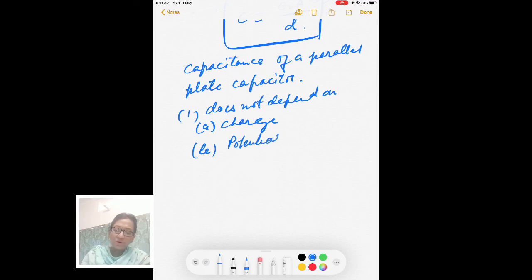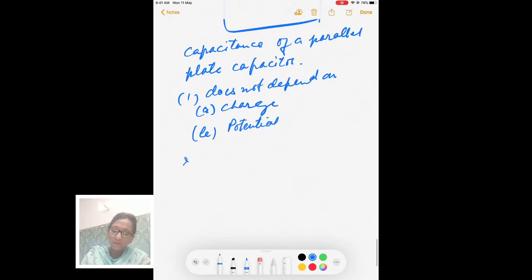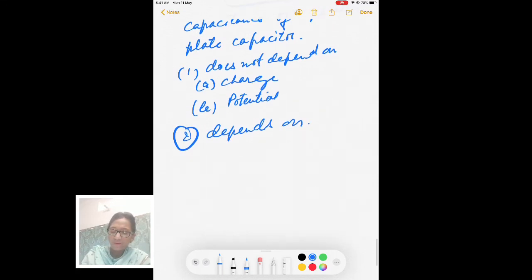And it depends on dimensions, meaning length, breadth, size.